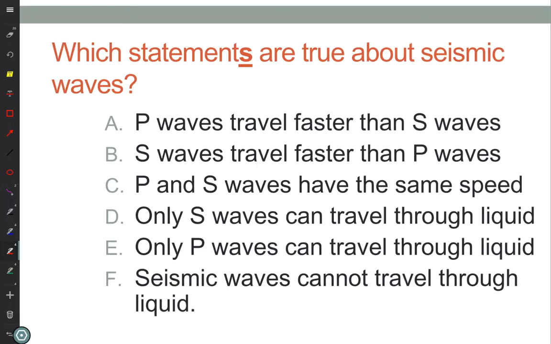All right. Everybody has answered. We had one person that said P waves travel faster than S, and 6 that said S travel faster, and 1 that said they have the same speed. Nobody said S waves can travel through liquid. I believe that is 9-0.